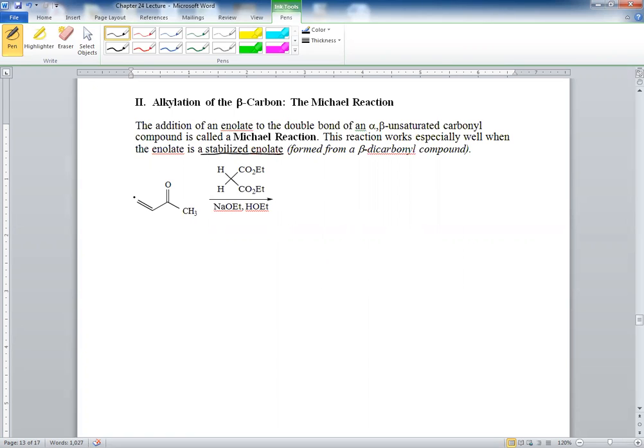You have an alpha beta unsaturated carbonyl, and you have what could potentially become an enolate. So let's show you the product of this first, and then we will show you the mechanism. Let's just redraw this a little bit here.